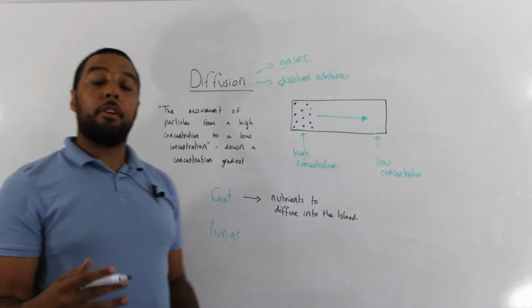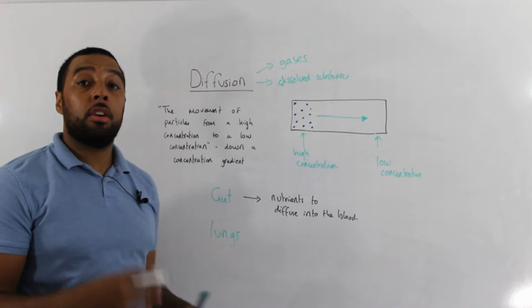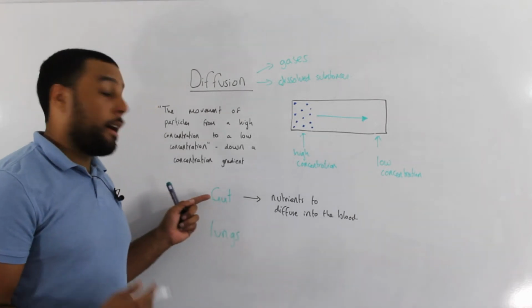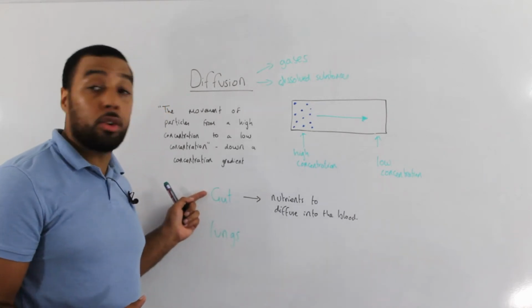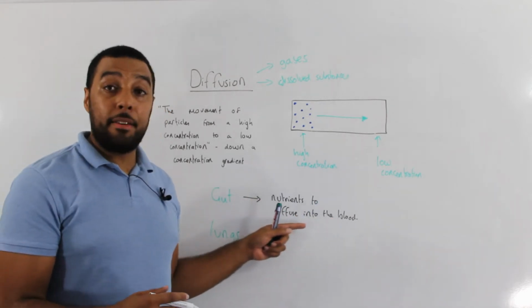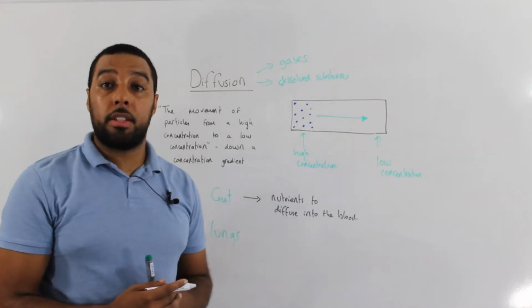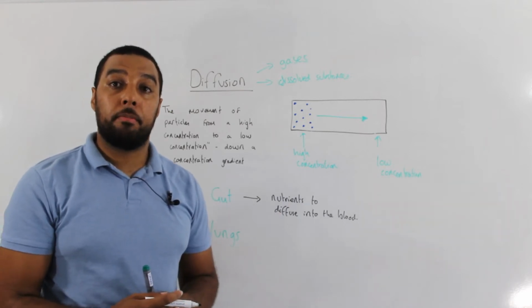In the blood, we have a low concentration of nutrients, but after digestion, we have a high concentration of nutrients in our gut. So those nutrients diffuse across the small intestine into our bloodstream.